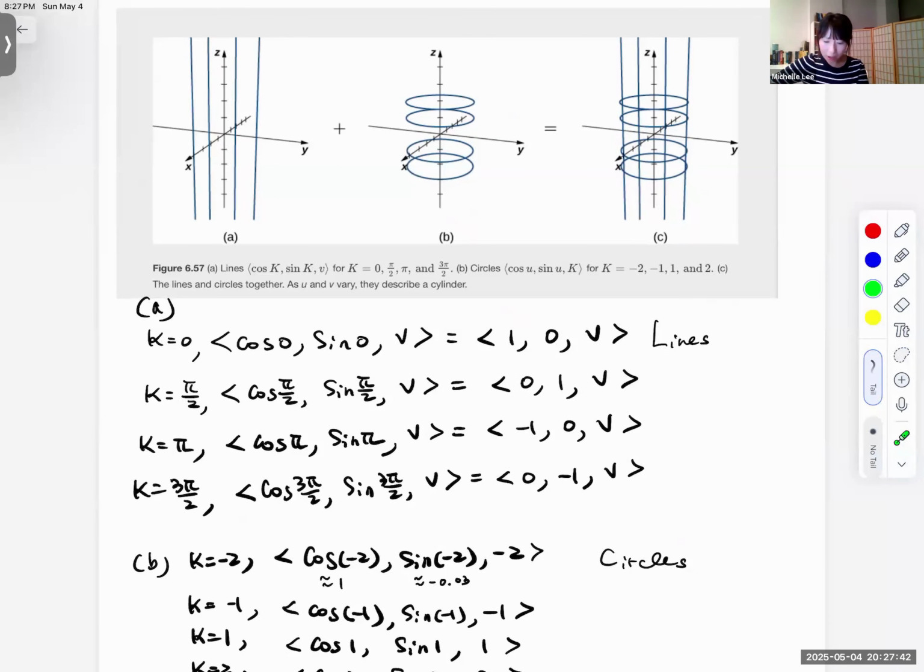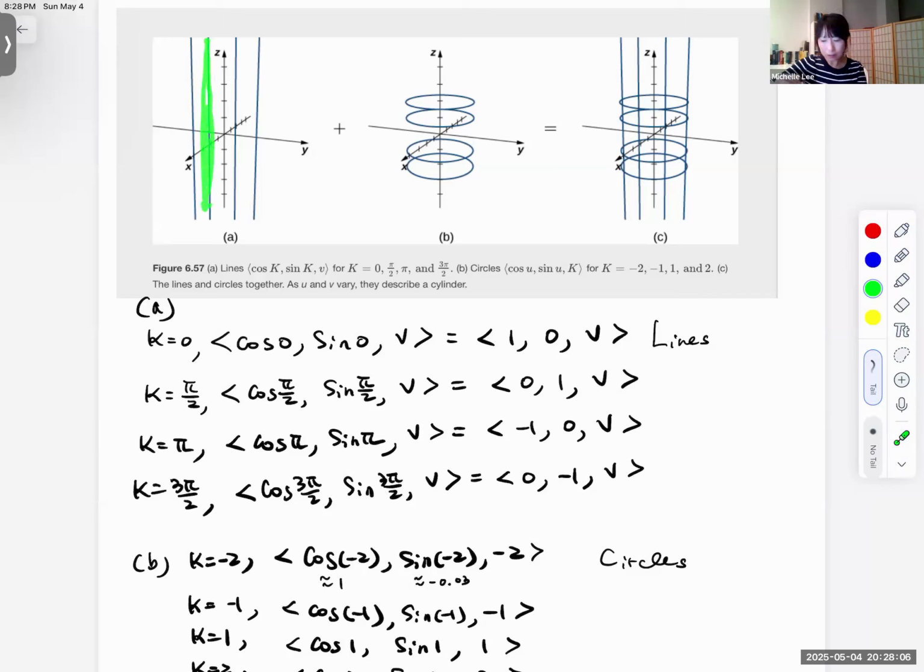So k equals 0: cosine 0, sine 0, we calculate and get (1, 0, v). That means v is any number. So x equals 1, y equals 0, and v can be any number, so there is a line.